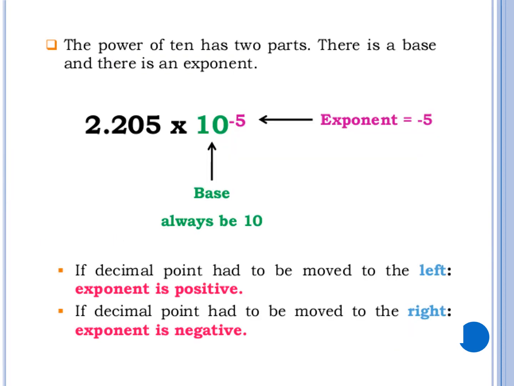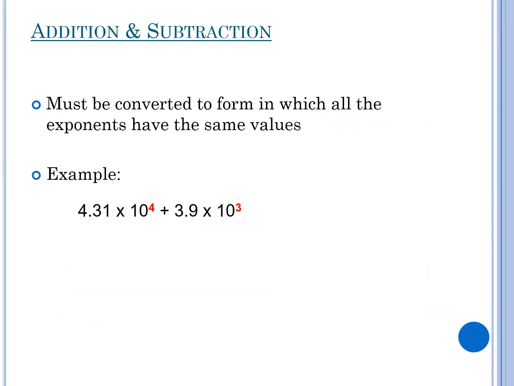For addition and subtraction with such numbers, for example 4.31 times 10 to the power of 4 plus 3.9 times 10 to the power of 3, first we have to make the exponents the same, converting to 10 to the power of 4, so we get the answer in 10 to the power of 4.